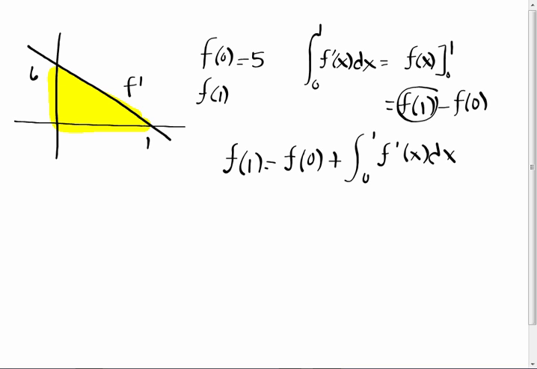I believe so. This is 1/2 times 1 times 6, or 3. So it's 5. Whoopsie. Sorry, it's 5 plus 3. So the answer is 8, which is D. This is the area of the triangle.